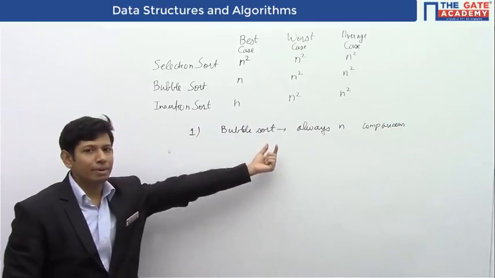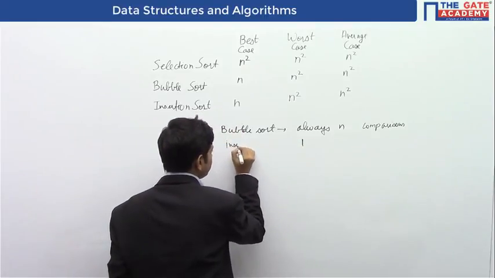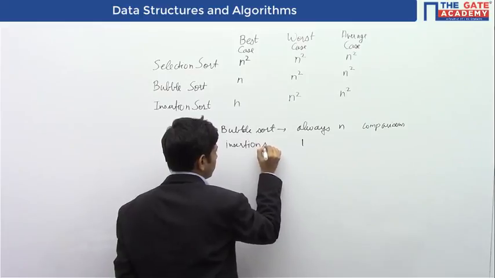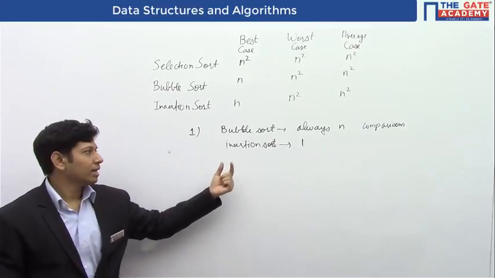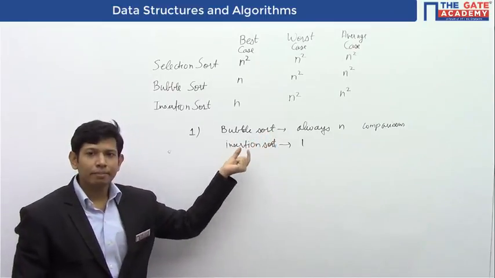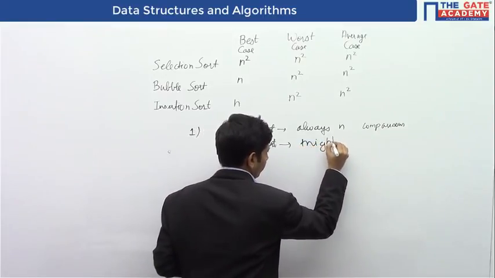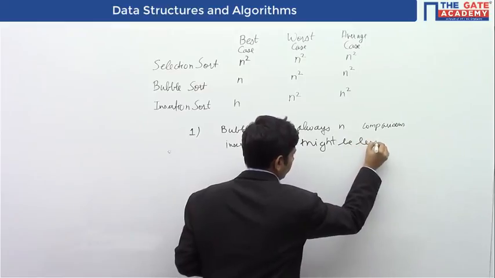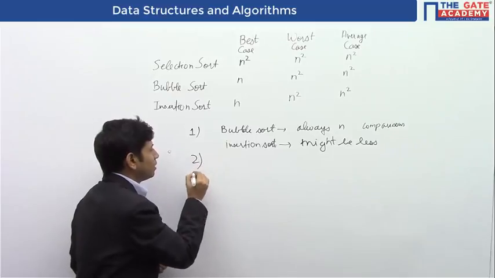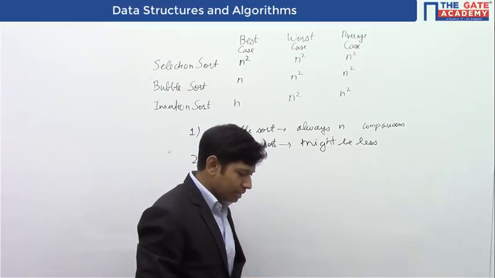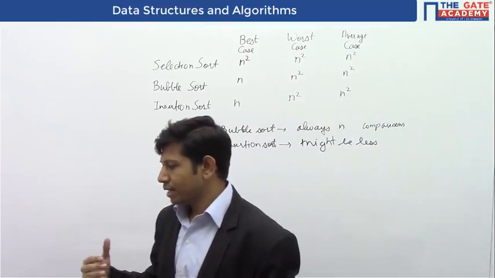Bubble sort always has to make n comparisons, whereas in case of insertion sort, it's not always n comparisons. In the best case, it might be less than that. Second point why bubble sort is not as good as insertion sort is that in case of insertion sort, when the array is sorted, we directly have the sorted array.